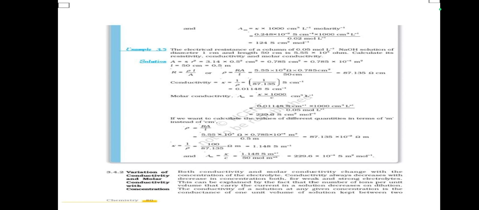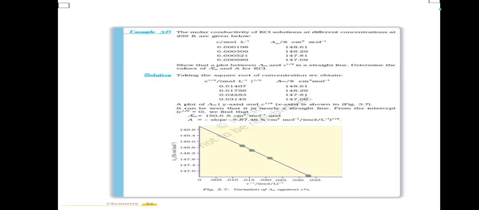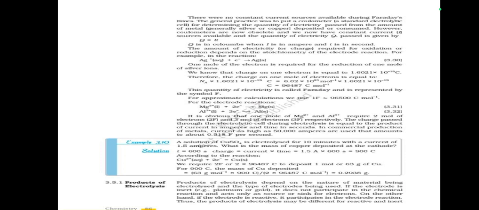Variation of conductivity and molar conductivity with concentration. Figure 3.6, molar conductivity versus C to the half for acetic acid, a weak electrolyte, and potassium chloride, a strong electrolyte, in aqueous solution. Table 3.4, limiting molar conductivity for some ions in water at 298 Kelvin. Electrolytic cells and electrolysis. Products of electrolysis.